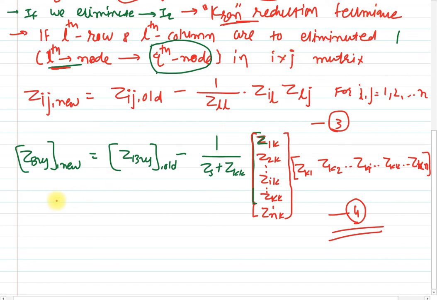I hope you are clear up to this. For remembering equation number 4, just remember: Z bus new is equal to Z bus old minus 1 divided by the diagonal element, into the column vector, into the row vector. Clear? So you just remember it like that.